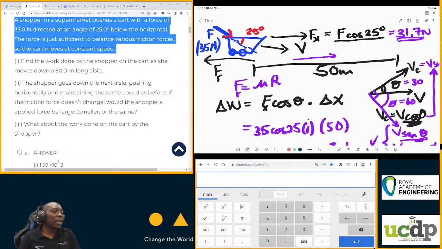So that's the understanding there. The force will be smaller because we are applying directly that force to act against friction, rather than having its component act against the friction. So you can explain it in either of those two ways.